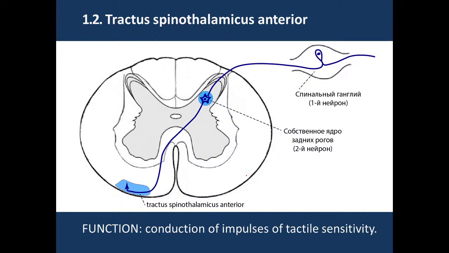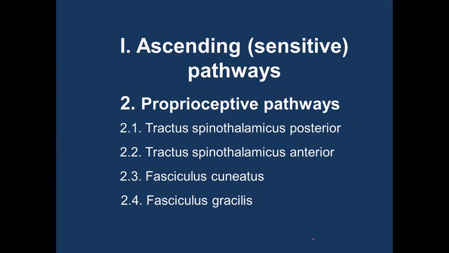And tractus spinothalamicus anterior comes from the proprius neurons, the proprius nucleus of the posterior horns, and this pathway conducts impulses for tactile sensitivity. Among the ascending sensitive pathways, there are four tracts.